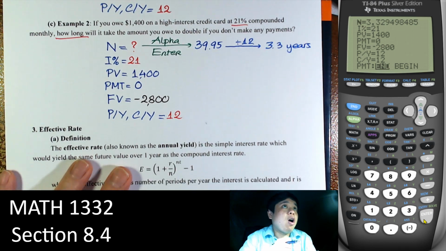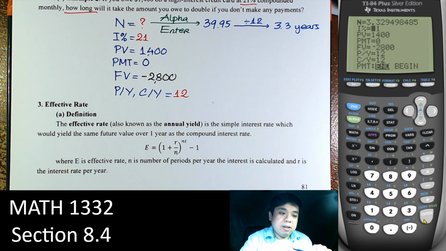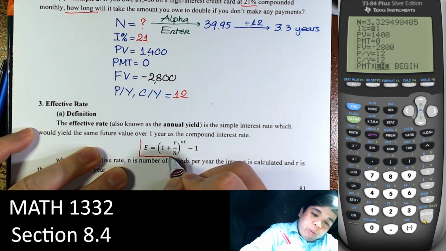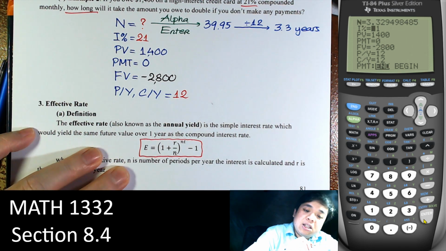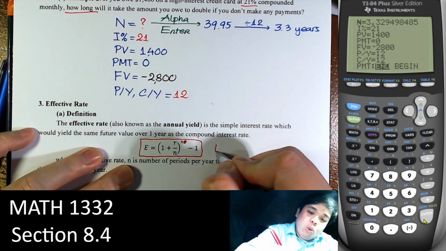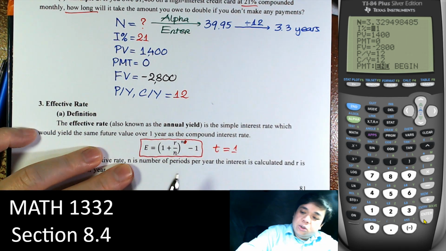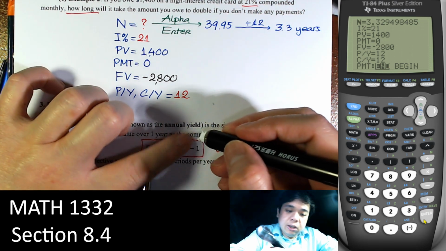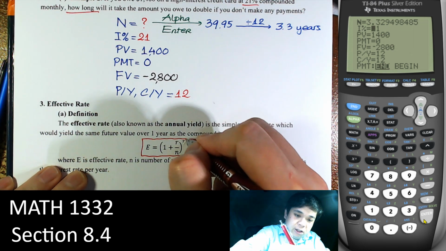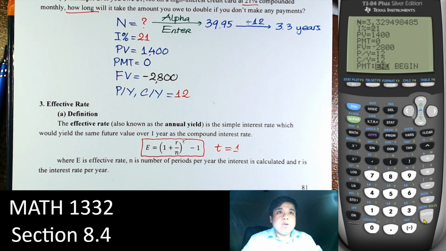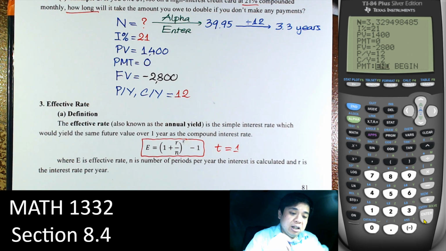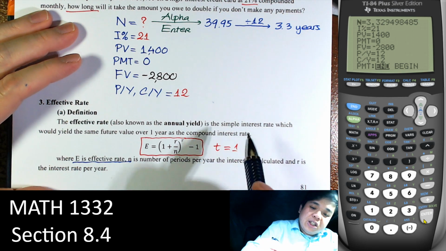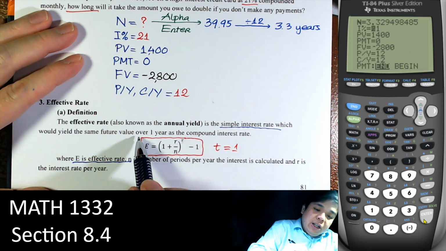The last part of the section is the effective rate, also called the annual yield, given by this formula. And there's a typo here, that t is equal to 1, so in that case we just ignore the t. Essentially, the effective rate is the simple interest rate equivalent over 1 year.